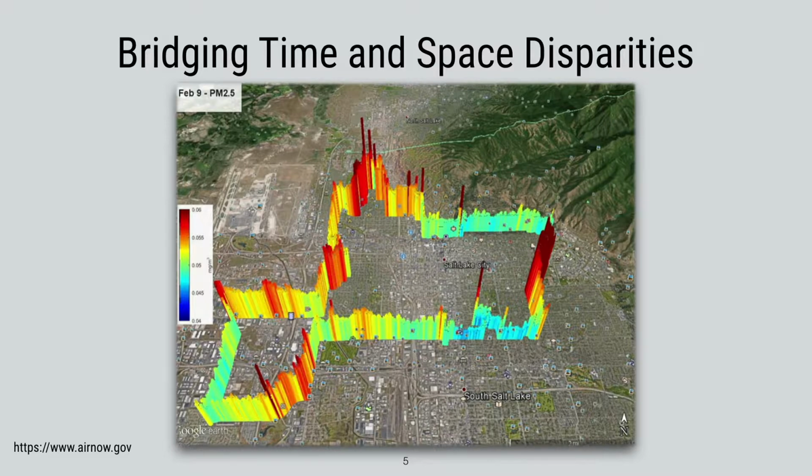This here shows air quality along the public transportation tracks in Salt Lake City. We see that elevation differences cause air pollution gradients, and that local sources of bad air can lead to dramatic differences in pollution levels. So this provides evidence that we need higher spatial and temporal resolution data.